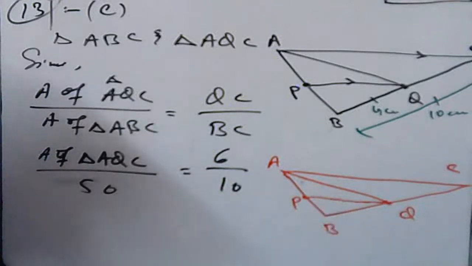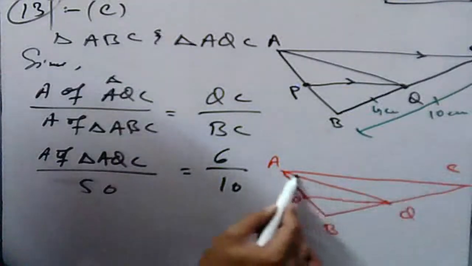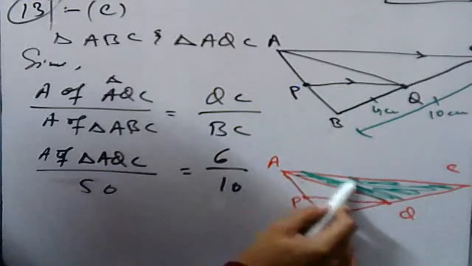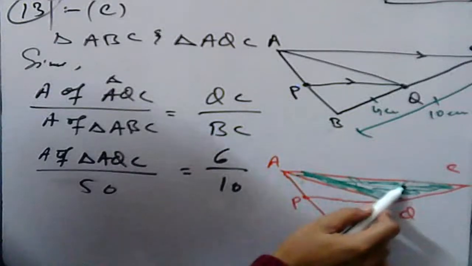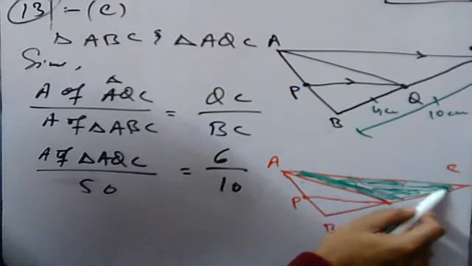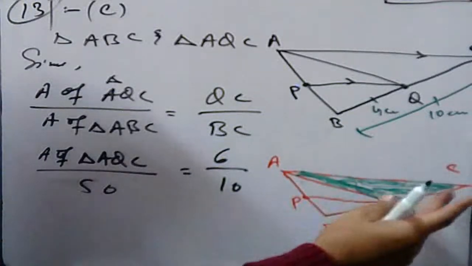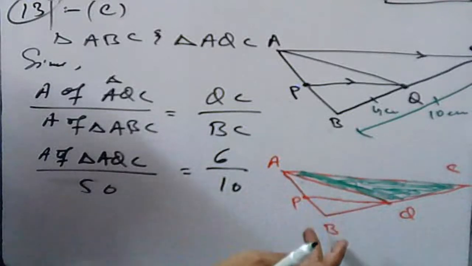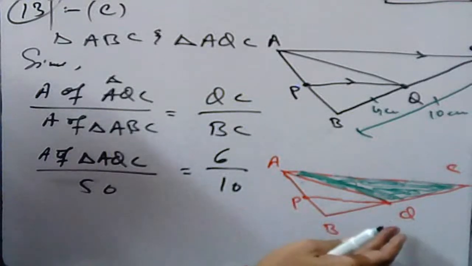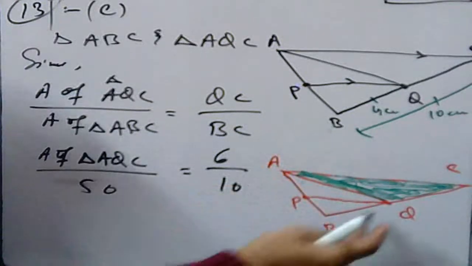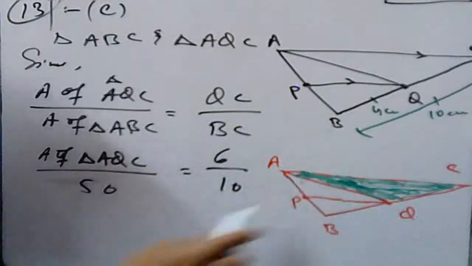You need the shaded portion, that is AQC. So the full triangle you have is ABC and you need AQC; the other triangle is ABQ.